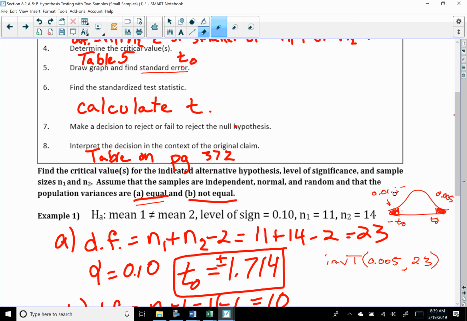The area is not 0.005, but rather 0.05. And therefore t naught is equal to negative 1.714, and since it's two-tail, we know that the positive is also included.